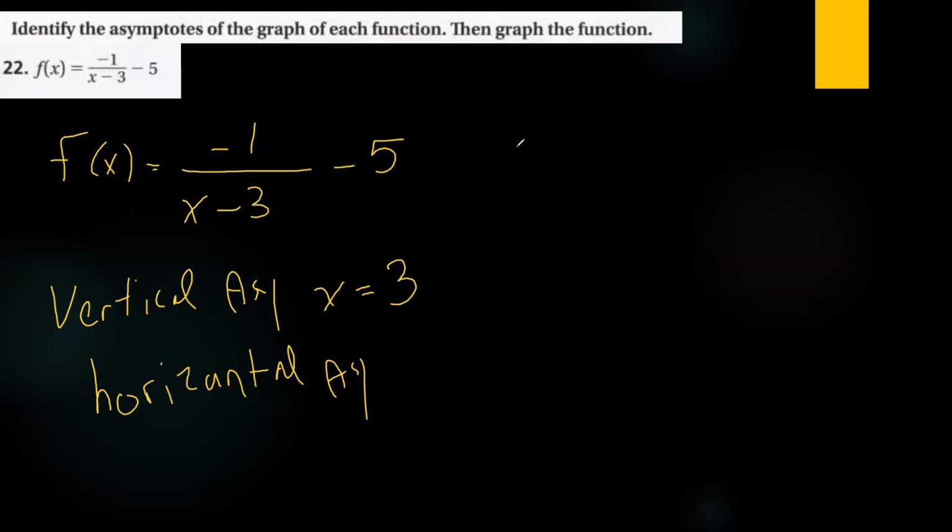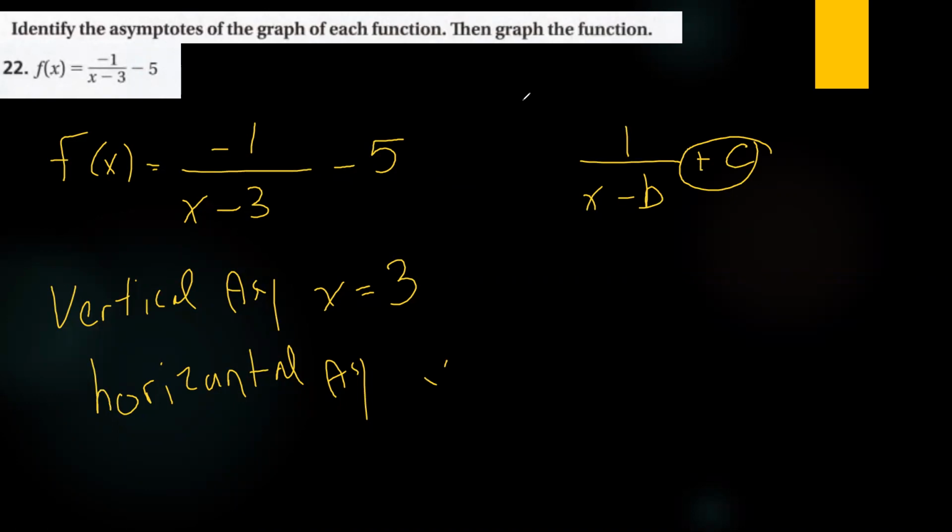Teacher, I can't hear you. The horizontal asymptote at y equals what? Look here. Let's remember, the function will be 1 over x plus b plus c. So plus c will be the horizontal asymptote, but here you have -5.